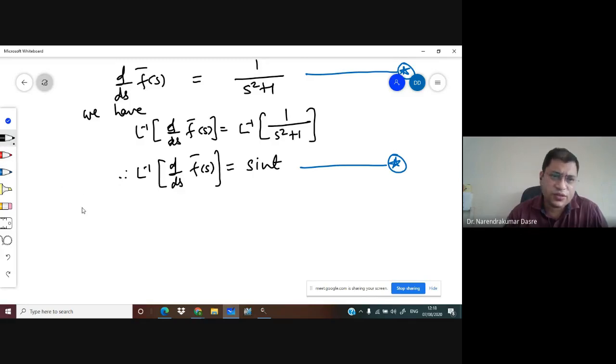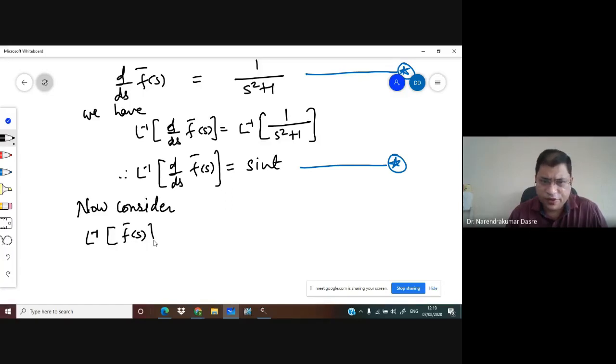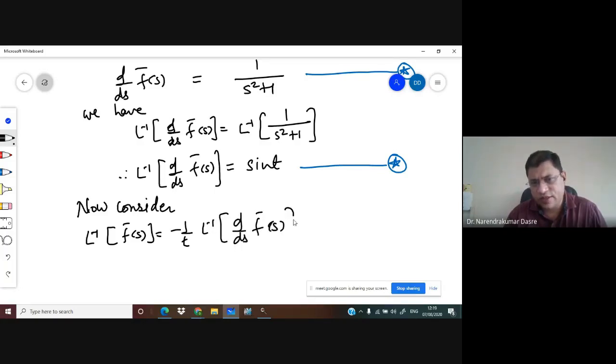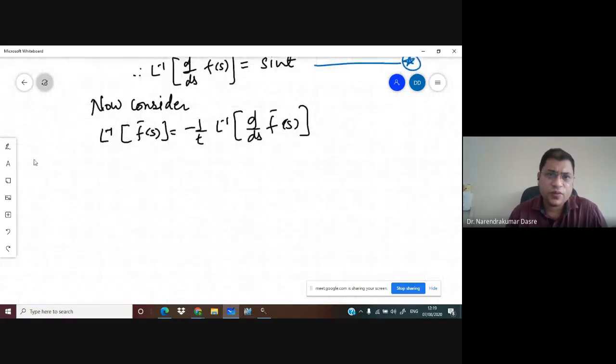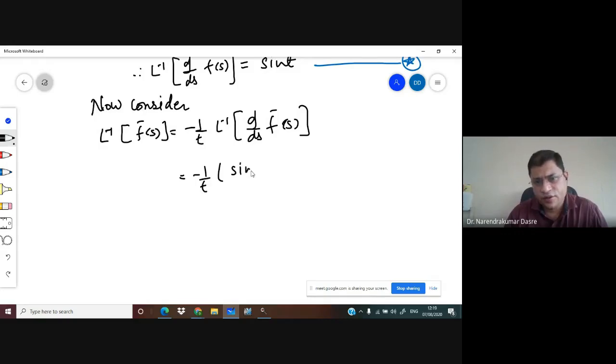Now we have to consider the third step. Consider Laplace inverse of f bar of s is equal to minus 1 by t Laplace inverse of d by ds of f bar of s. So this we have already calculated here, so we can write this as minus 1 by t into sine t.